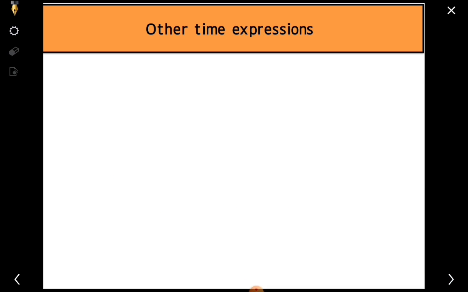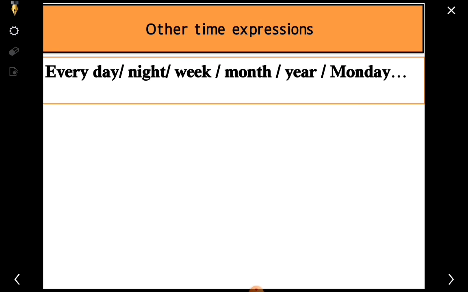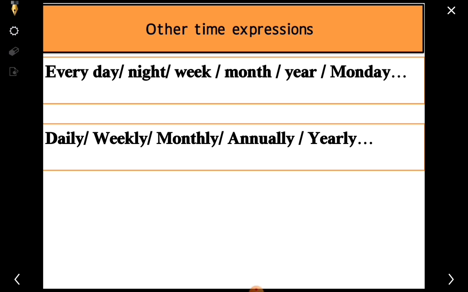This is all about the uses of simple present tense, but we have other time expressions for the simple present, like what? Like every day, every night, every week, every month, every year, every Monday, Friday, etc. We have daily, weekly, monthly, annually, yearly, okay?